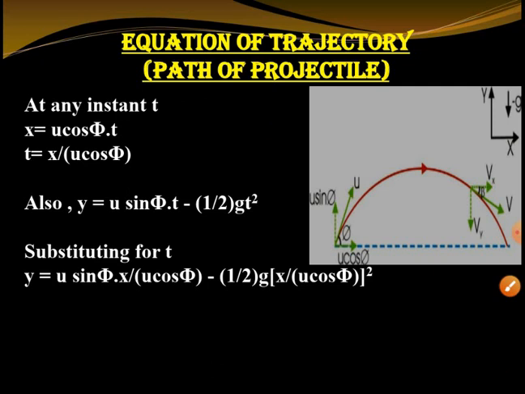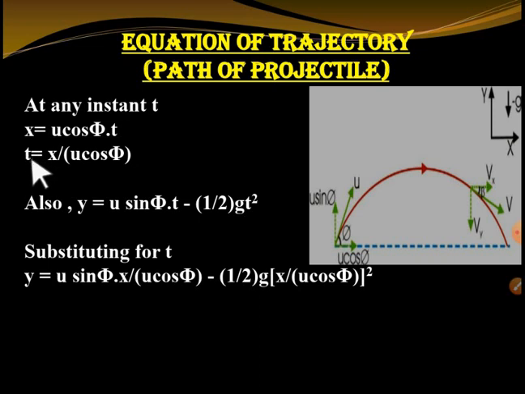Now let's try to find the equation of trajectory. We know the trajectory should always be a parabola, and a parabola is represented by a quadratic equation. So at any instant of time t, we know x is equal to u cos phi t, which we found in the motion along the x-axis.